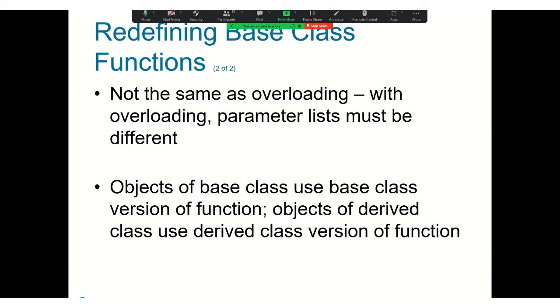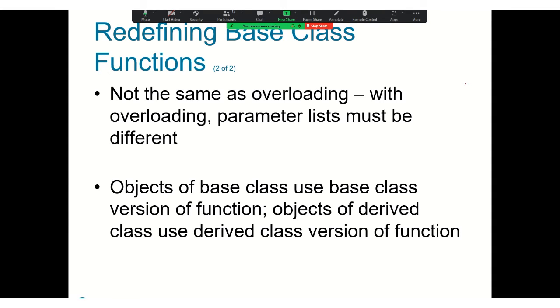That is the essence of it. It is not really the same as overloading, because overloading means you are using different numbers of arguments; the parameter list should be different. So objects of the base class use the base class version of the function, and objects of the derived class use the derived class version.